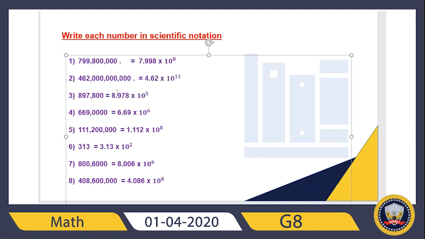Let's move to number 3. Here, 897,800, right? It's also a huge number. How can I write this number in its scientific notation?